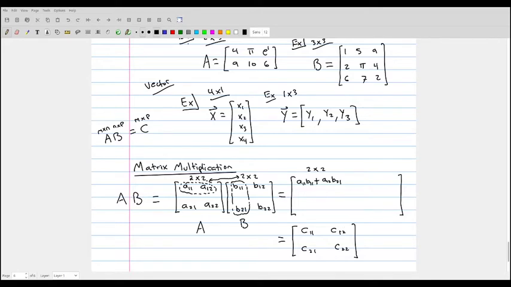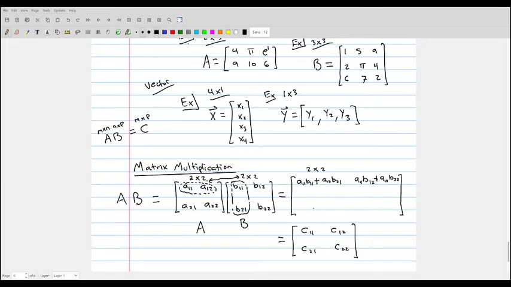So the idea is that this C12, or this entry of this new matrix, is going to be the first row in this matrix A multiplied by the entries in the second column of the matrix B, and those are going to be added together. So it'll be A11 times B12 plus A12 times B22.